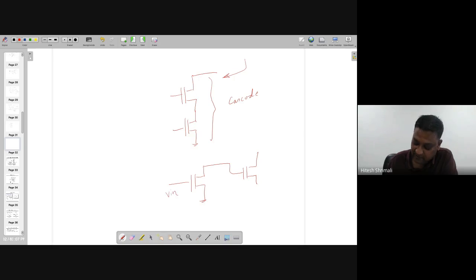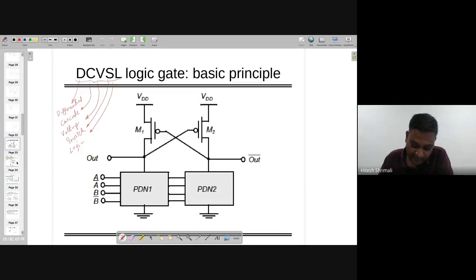So the output is connected to the input of the next stage, then it's a cascade. Of course, there might be some load. So this is cascode and this is cascade. In this case, when we are making the pull-down network, definitely you will have the transistors cascoded, or you can say stacked, one transistor on top of another transistor.